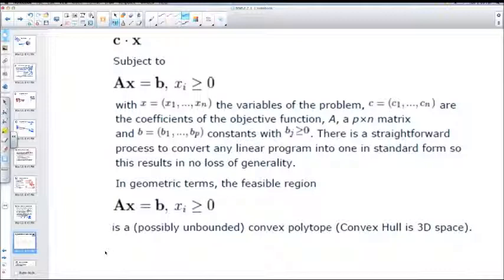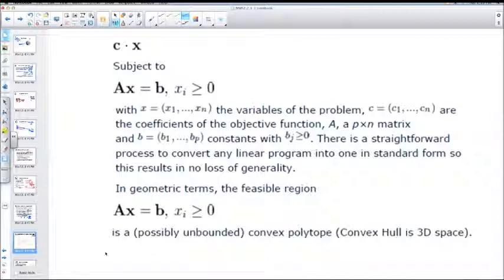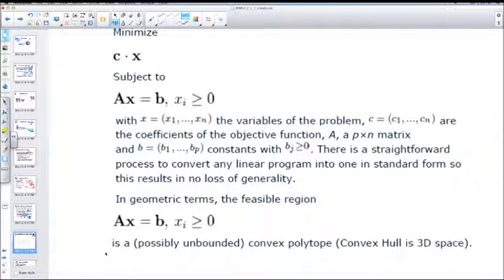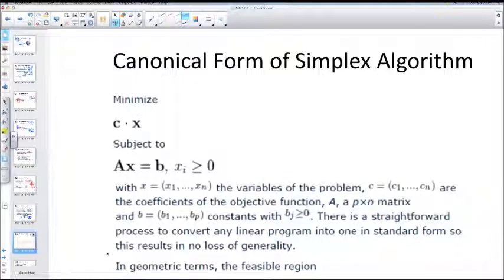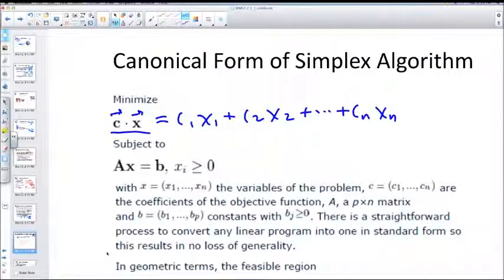So the real idea we're going to do is to write the equation into a canonical form. First, you write your objective function as a dot product of two vectors. This really is c1 x1, c2 x2, all the way to cn xn.